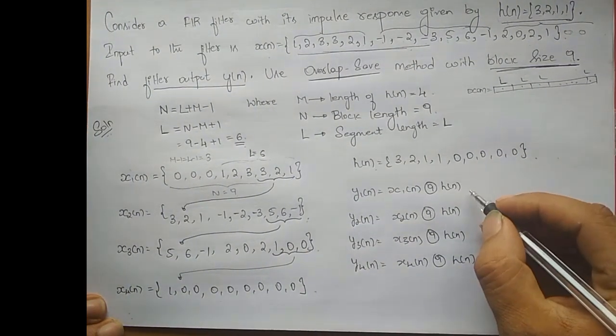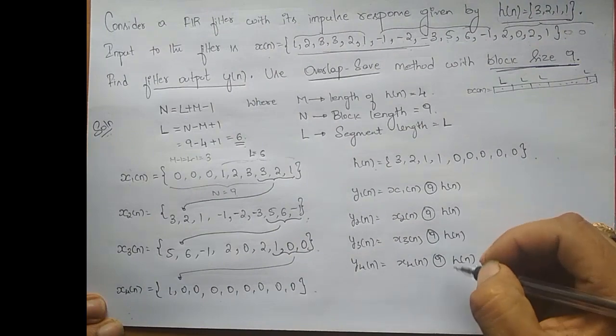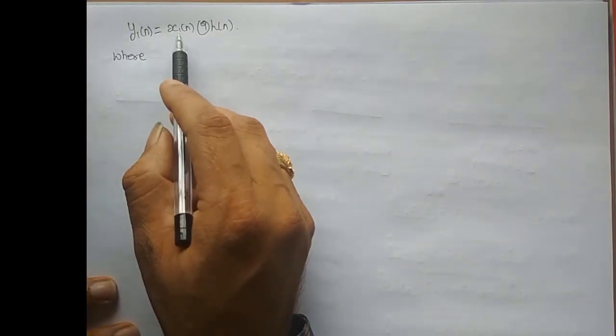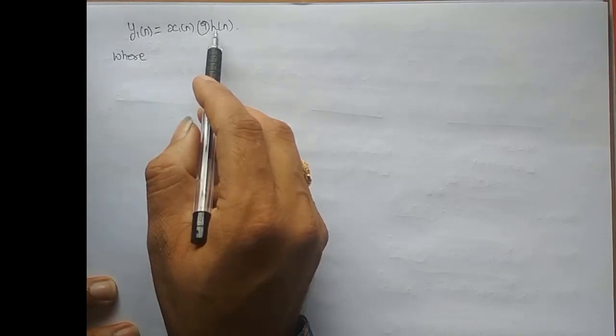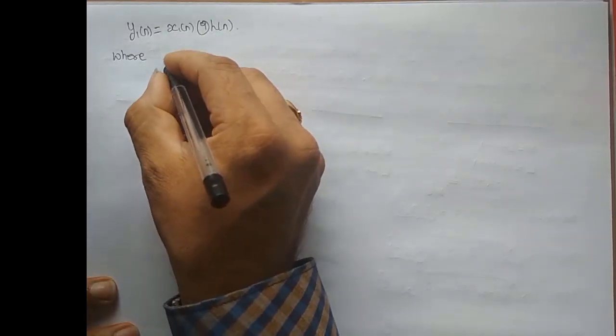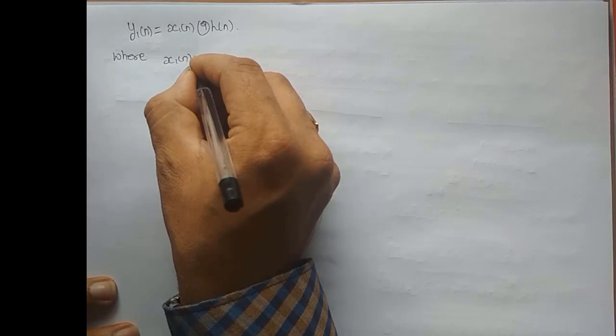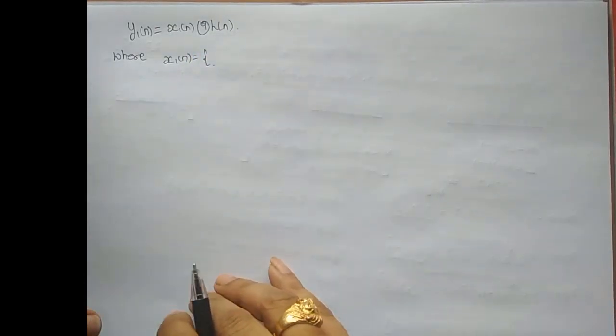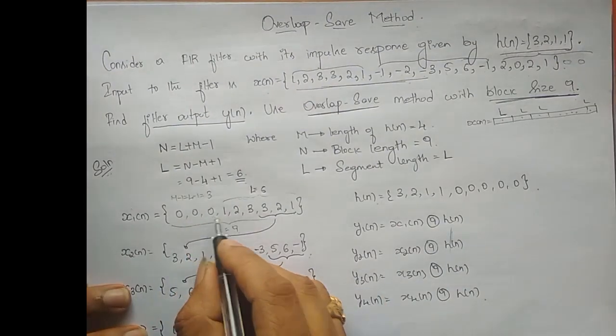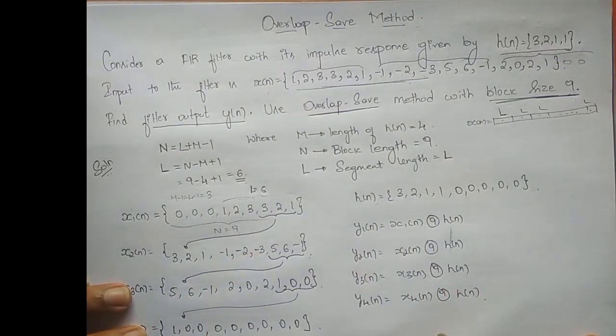So we have to perform circular convolution of these 4 equations. Here x1 of n is 0, 0, 0, 1, 2, 3, 3, 2, 1.